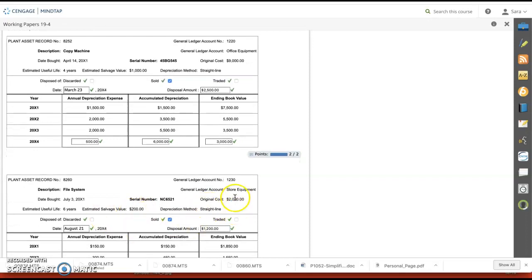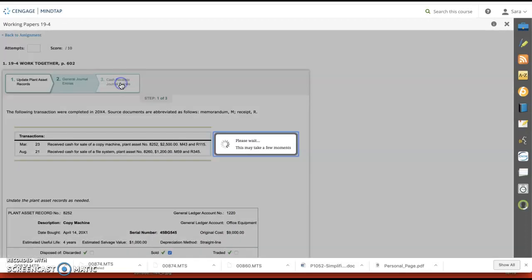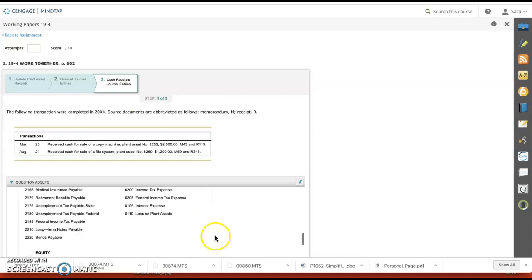So our actual cost was $2,000. So that's in the general credit. And then on line 6, it's going to be gain on plant assets, there we go.